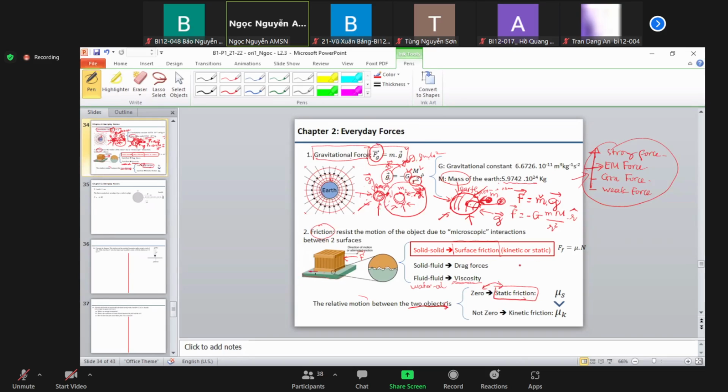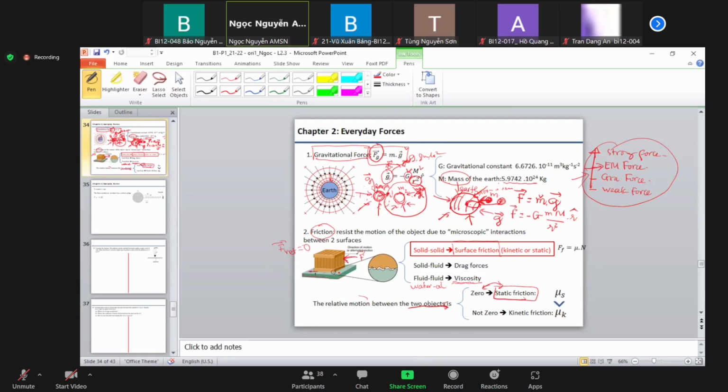Due to the first law of Newton, if an object doesn't move, it means the net force acting on it is zero, right? So here you act a force on it and it doesn't move. What does this mean?